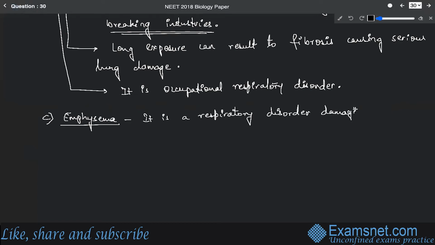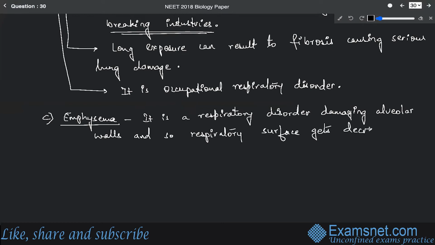It basically damages the alveolar walls, and so the respiratory surface gets decreased.